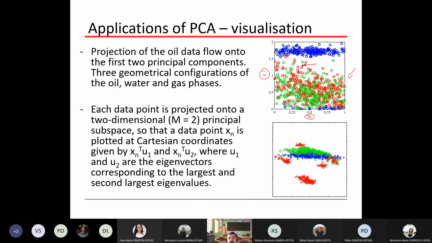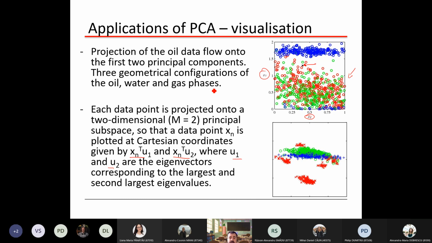So that a data point xn is plotted at Cartesian coordinates given by xn transpose u1 and xn transpose u2, or if you want 3D, we will also have xn transpose u3, where u1 and u2 are the eigenvectors corresponding to the largest and second largest eigenvalues. Again, if we have a 3-dimensional representation, u3 will be the eigenvector for the third highest eigenvalue of the covariance matrix.